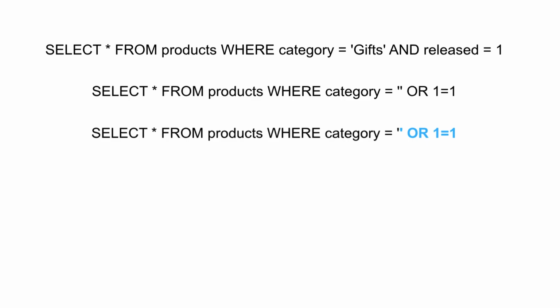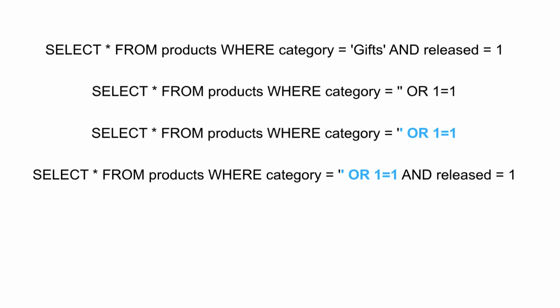The goal of the payload is to break the normal value and inject custom logic. That's why we start with a single quote. It closes the original string, and from that point on, the following text is no longer treated as a category value, but as a part of the SQL code. However, that alone is not enough because the fragment AND released = 1 will still remain in the query.